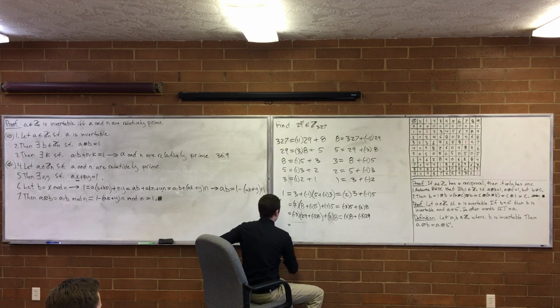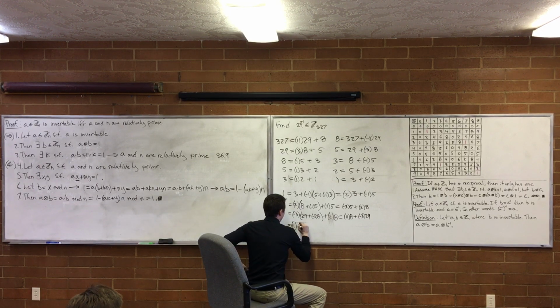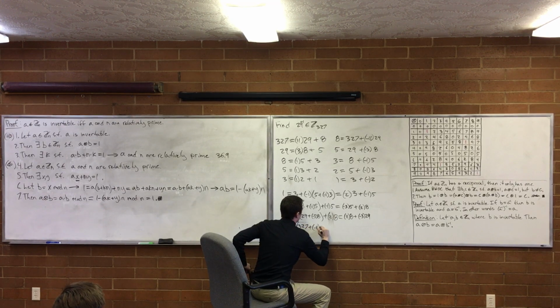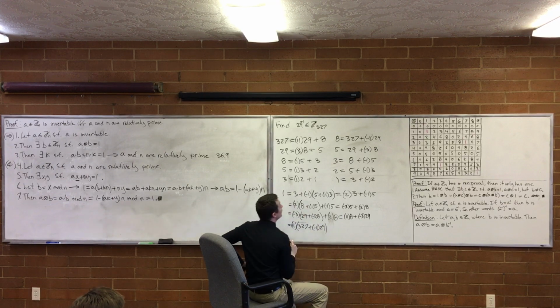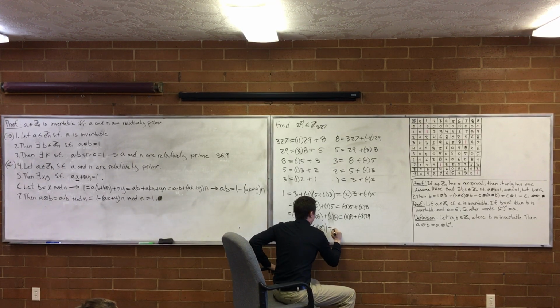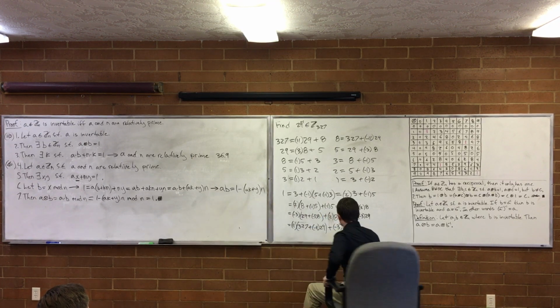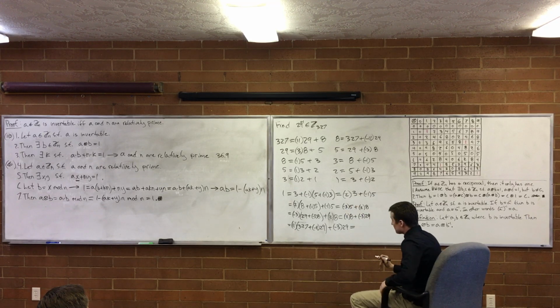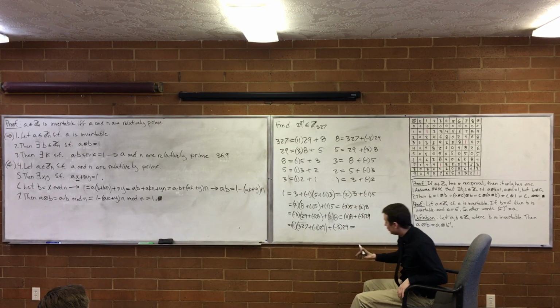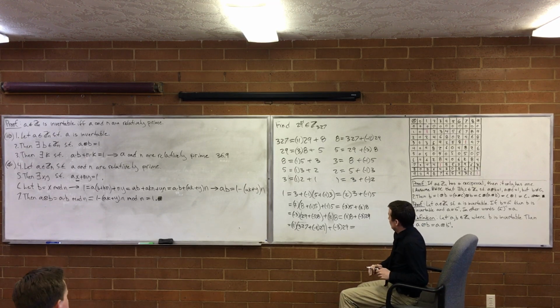That's equal to, I have 11 8s, where 8 is 327 plus negative 11 29s, plus 3 29s. That gives me, how many 29s do I have?